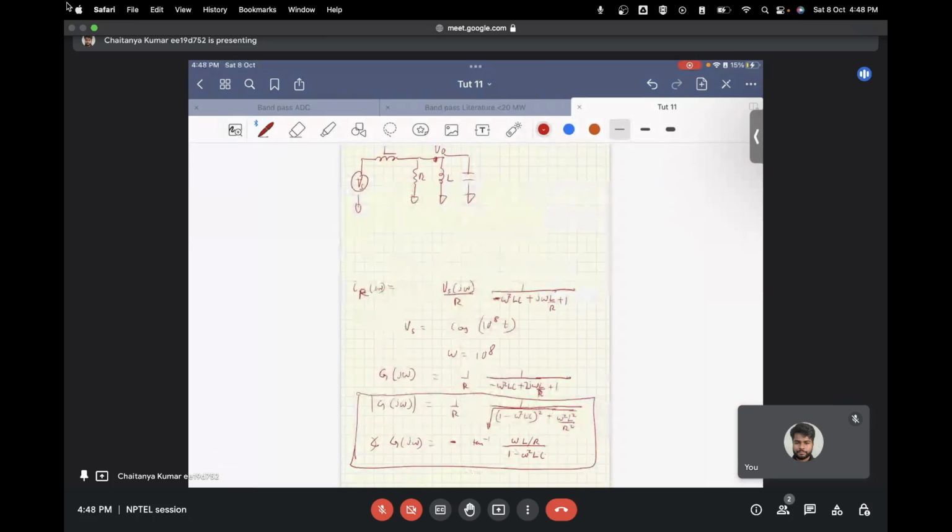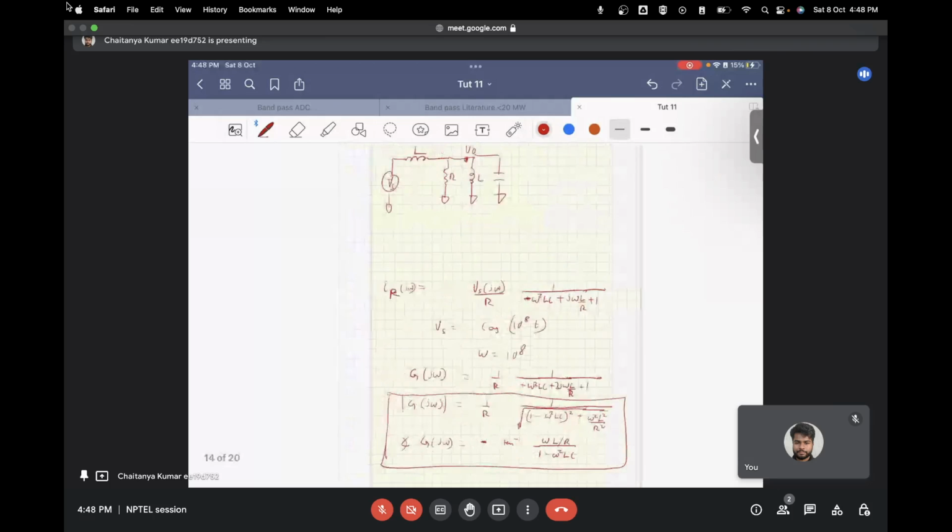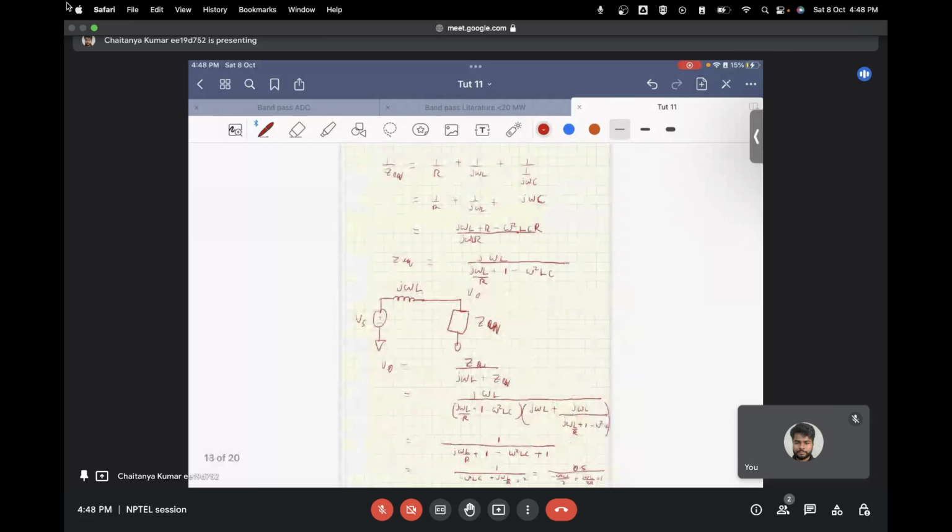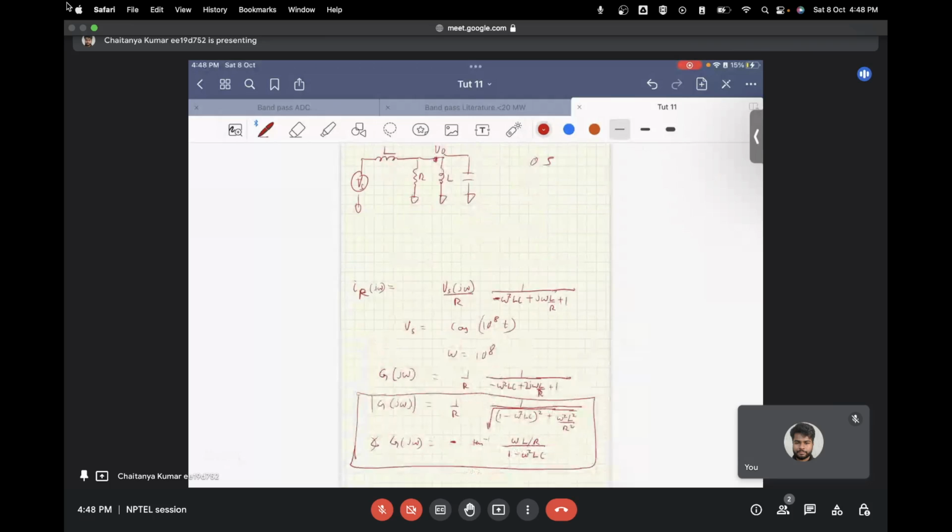The expression that we have derived for the transfer function from Vs to V naught is basically 0.5 divided by minus omega square LC by 2 plus j omega L by 2R plus 1.